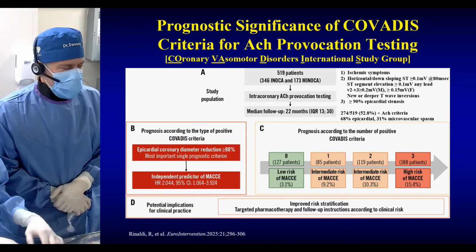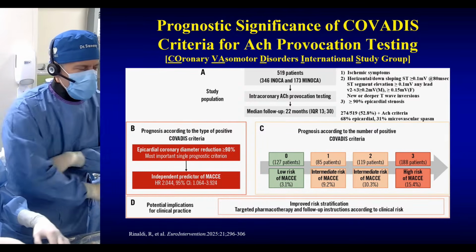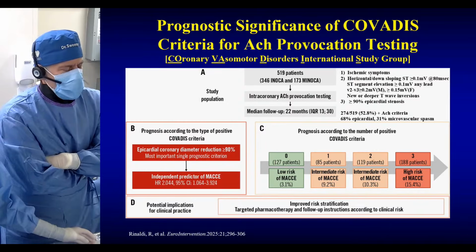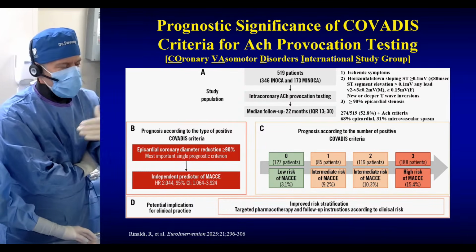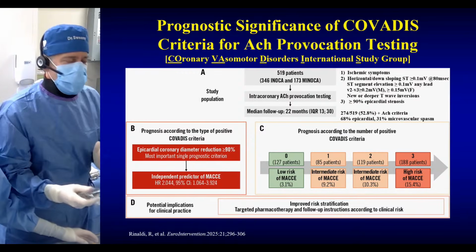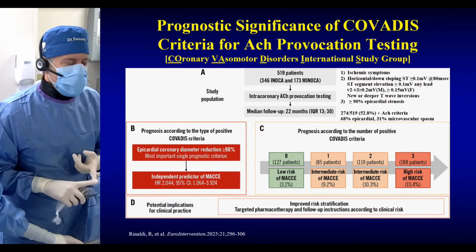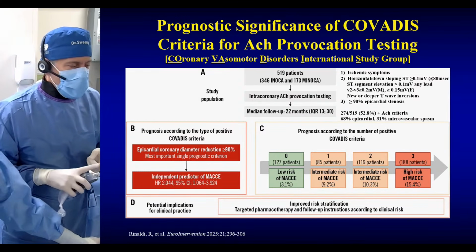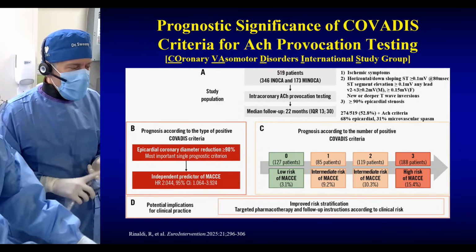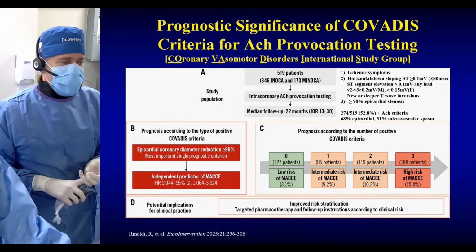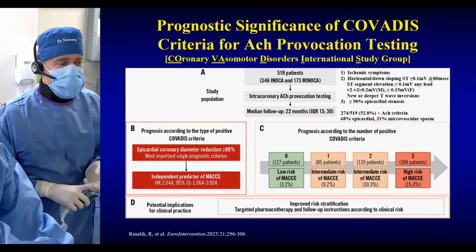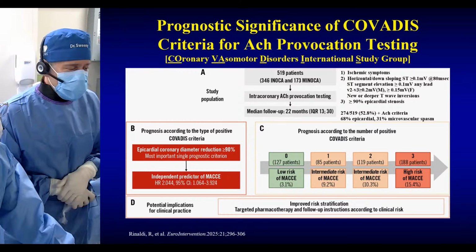This is a registry in the Netherlands that looked at how, when you induce vasospasm, they require 3 criteria. Number 1, they have to have ischemic symptoms. They require EKG changes, ST elevation, ST depression. And number 3, they have to have evidence of epicardial spasm, which is greater than 90% angiographic spasm.